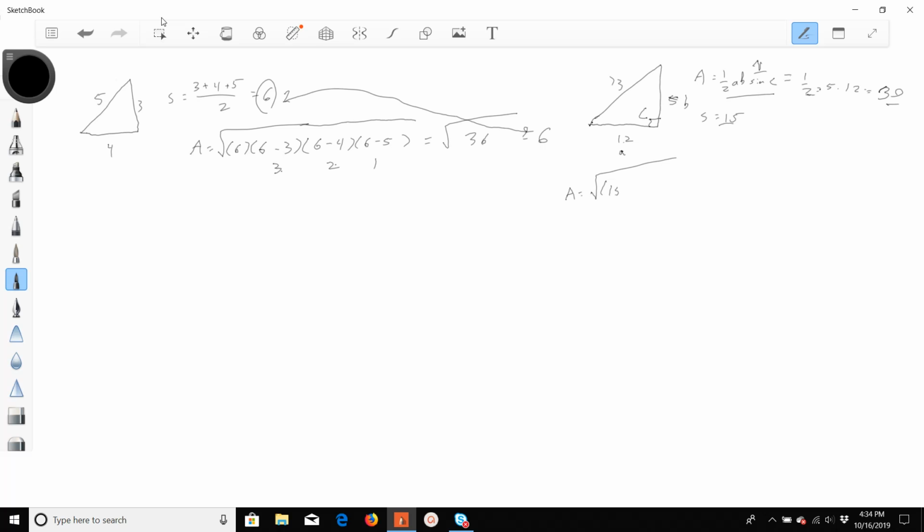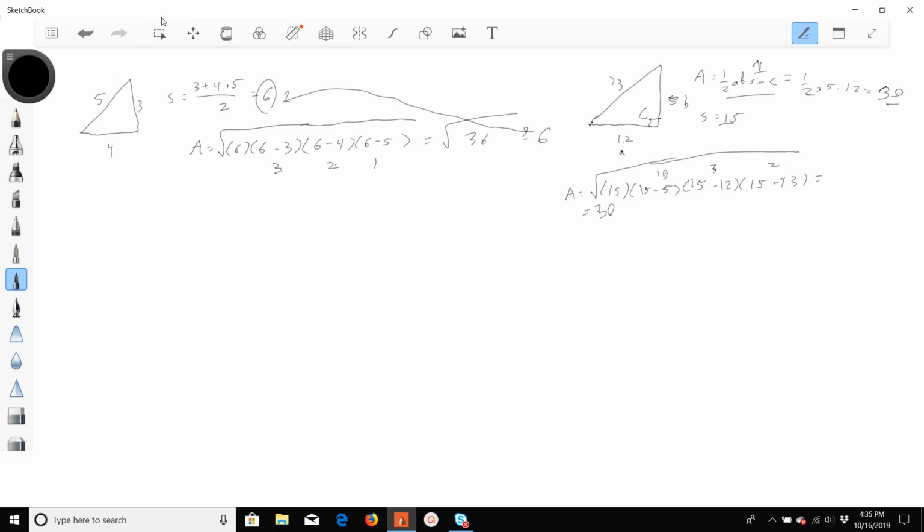So 15 times 15 minus 5 times 15 minus 12 times 15 minus 13, which is 10, 3, and 2, so 60 times 15, well, 60 times 10 is 600, add another 300, we get 900, square root of 900 is 30.